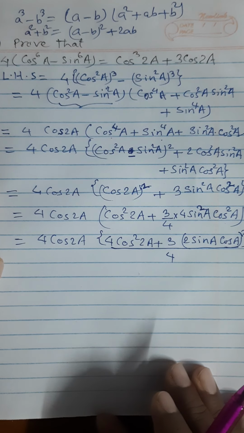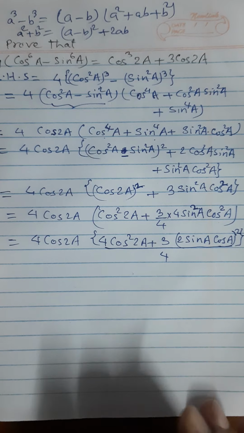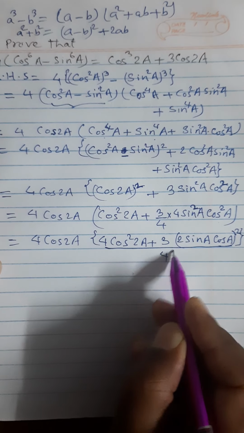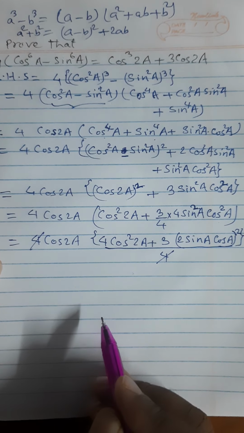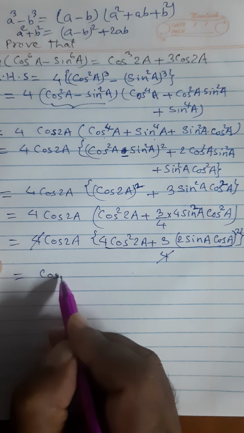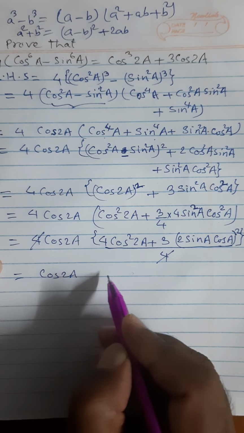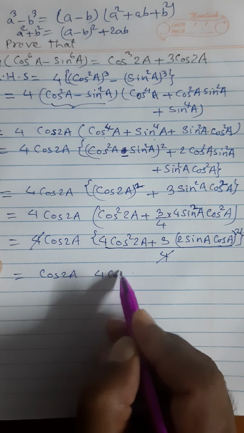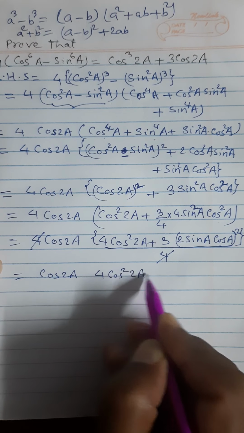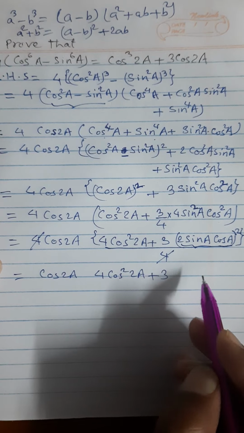Okay, and now this 4 and this 4 can be cancelled. This equals to, we have cos 2a, and this 4 cos square 2a with us plus 3. This is the formula for sine 2a.